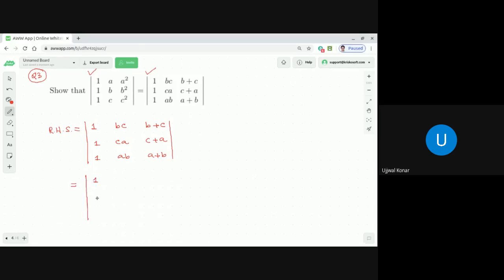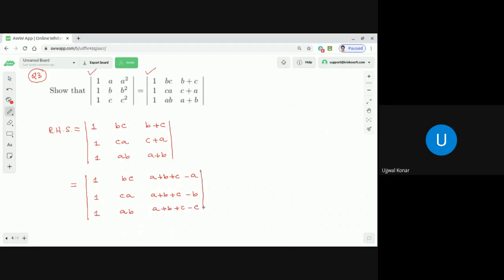So the first column remains the same, 1 1 1. It is BC, CA, AB, and in the third column I'm writing A plus B plus C minus A, A plus B plus C minus B, A plus B plus C minus C.